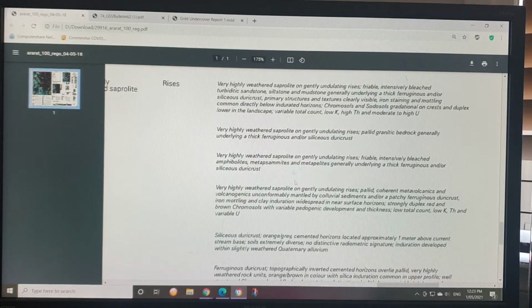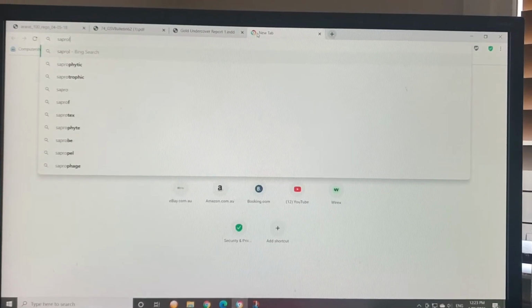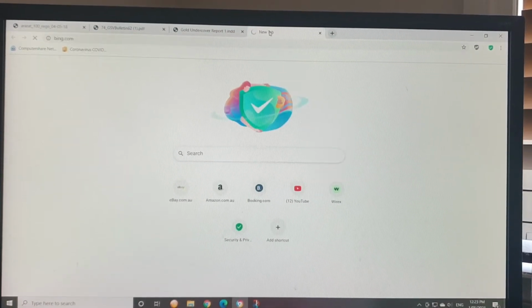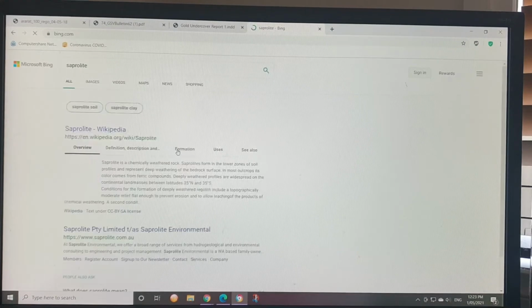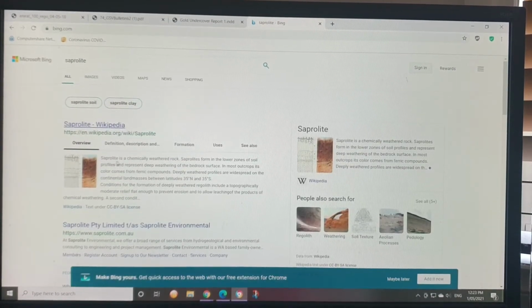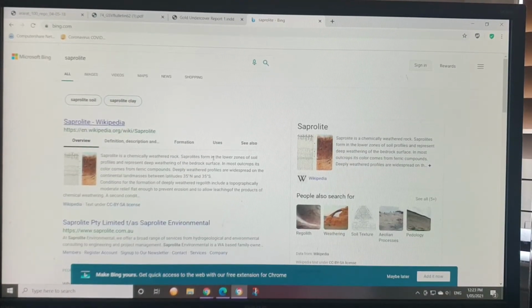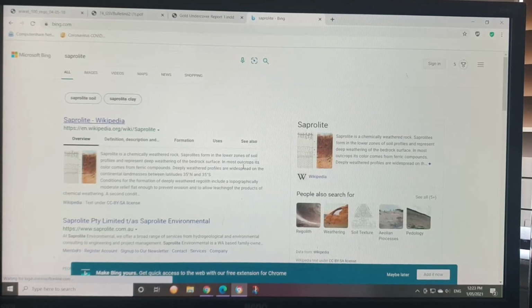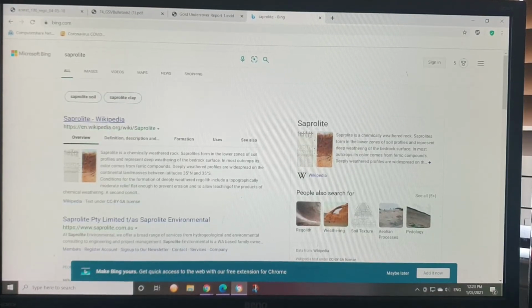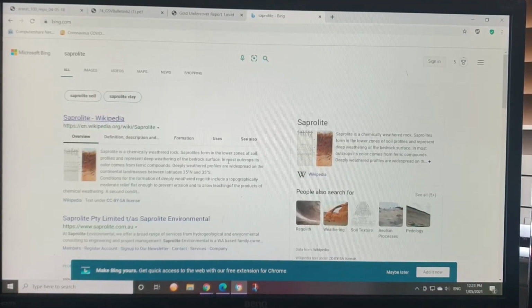Saprolite's just a hard rock. If you look up saprolite, it gives you information. Chemically weathered rock, saprolite forms the lower zone of soil profiles and represents deep weathering of the bedrock surface.